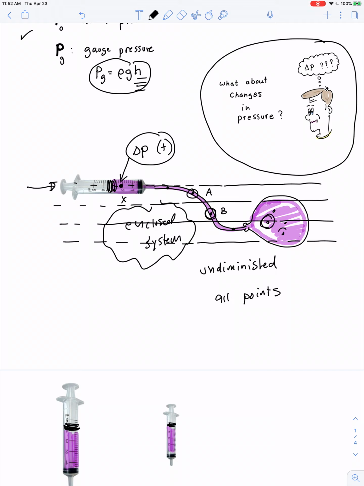And I would guess the pressure at point C is even higher still. But the question goes, when we apply a force here on the plunger of the syringe, how does the additional pressure at point X compare to the additional pressure at point A or B or C? And Pascal's principle tells us that added value of pressure becomes the same at every point.